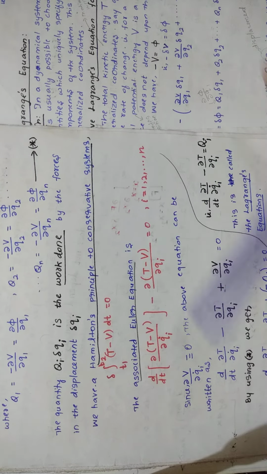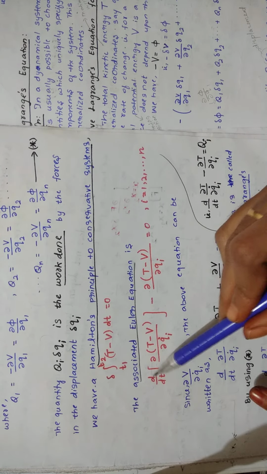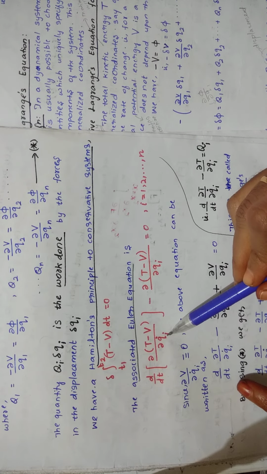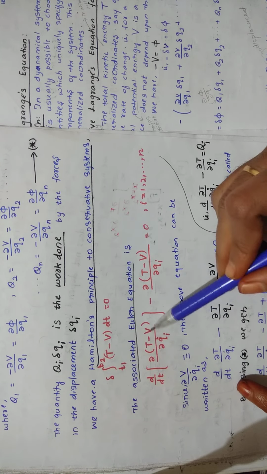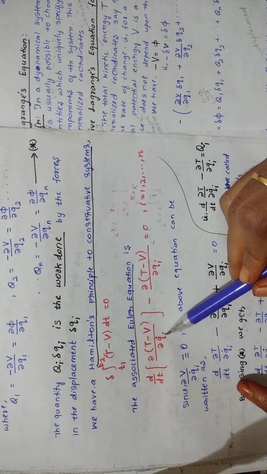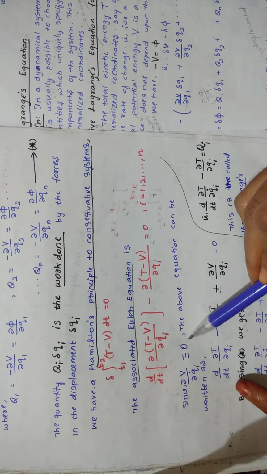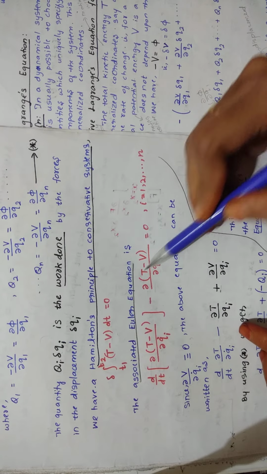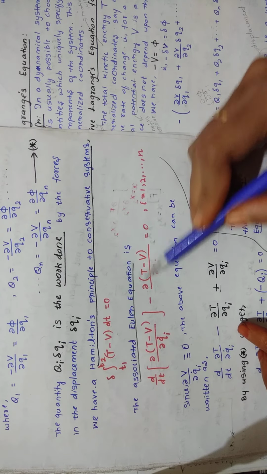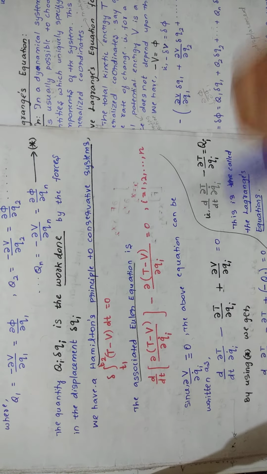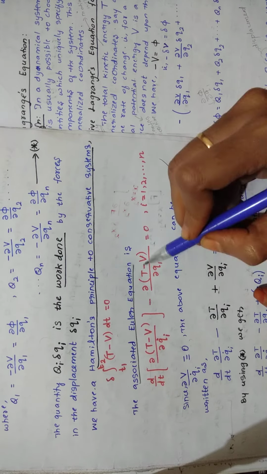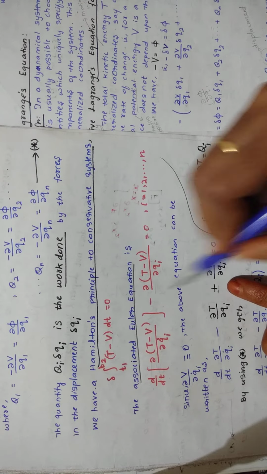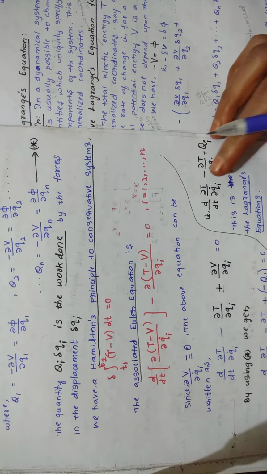Other than that you have to write all other terms. That is, from this you write d by dt of dou T by dou qi dot. You don't want to write the dou V by dou qi dot term because its value is 0, so just skip it and then write minus dou T by dou qi minus dou V by dou qi. Sorry, not minus; this minus and minus becomes plus. That is how you get plus dou V by dou qi is equal to 0.